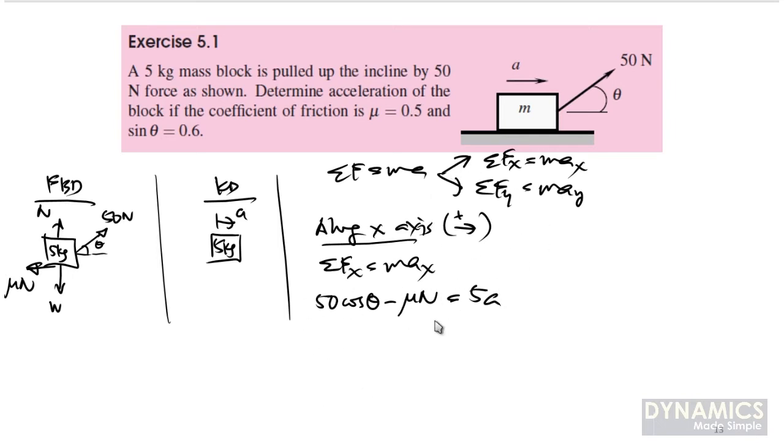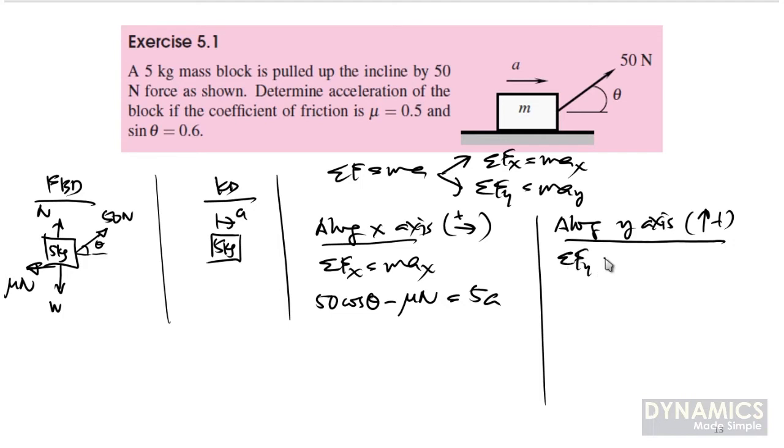Okay, if we look at the problem along the y-axis, taking positive upward, we have summation of force along y equals may. So we have 50 sine theta plus n minus w equals m times ay, the acceleration along y.